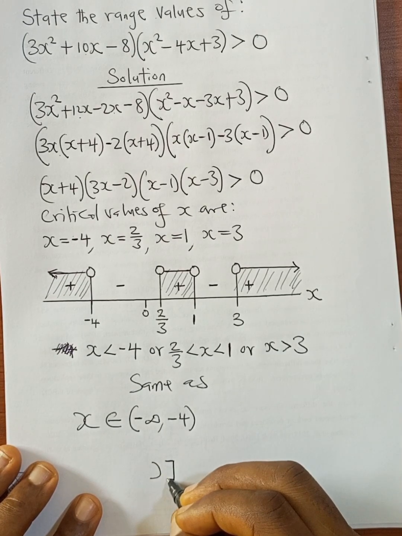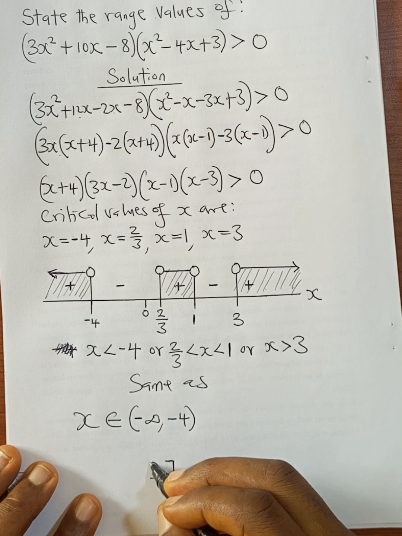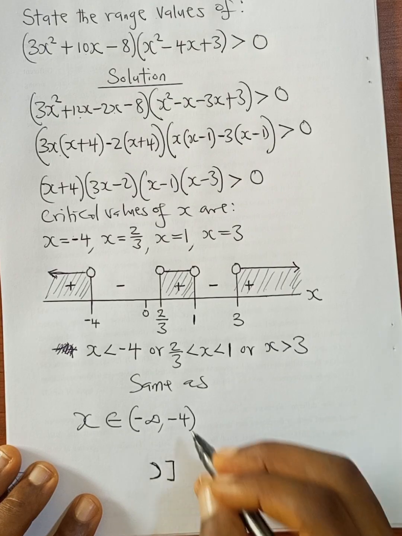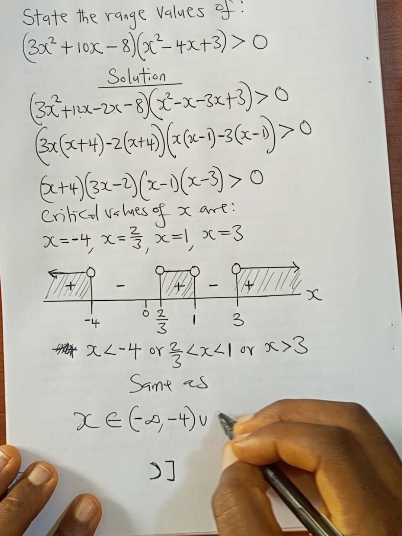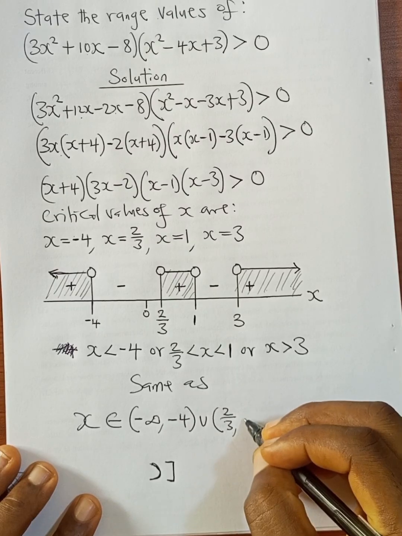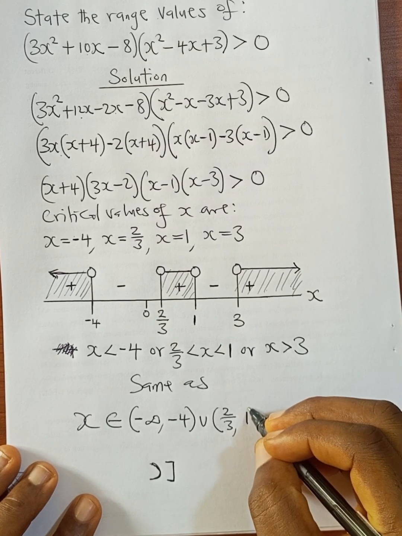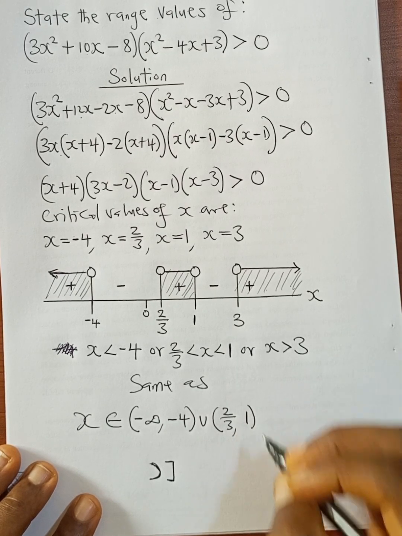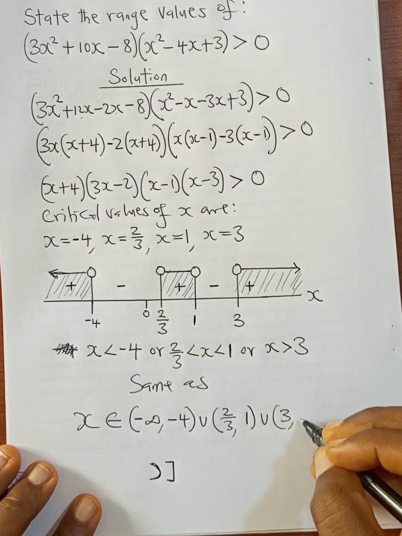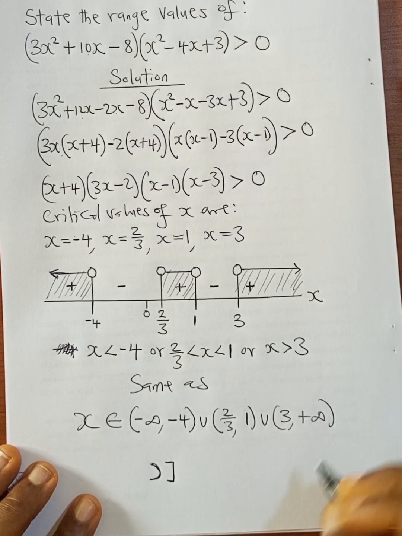This one means less than or equal to. That means minus 4 is inclusive. This one means less than minus 4. Minus 4 is not inclusive. Union from 2 over 3, 2 over 3 not inclusive to 1, to less than 1. Union from 3 to positive infinity.